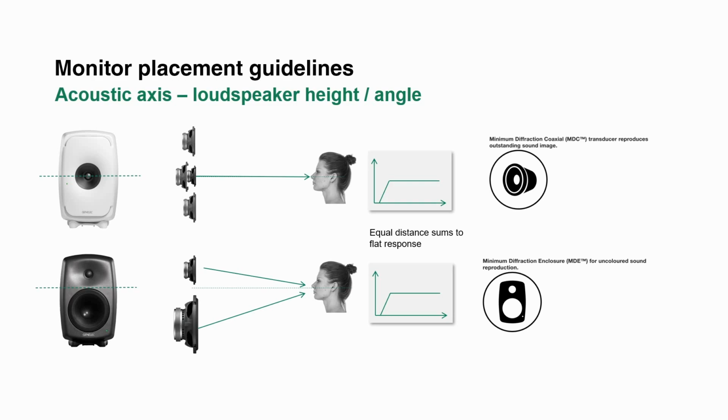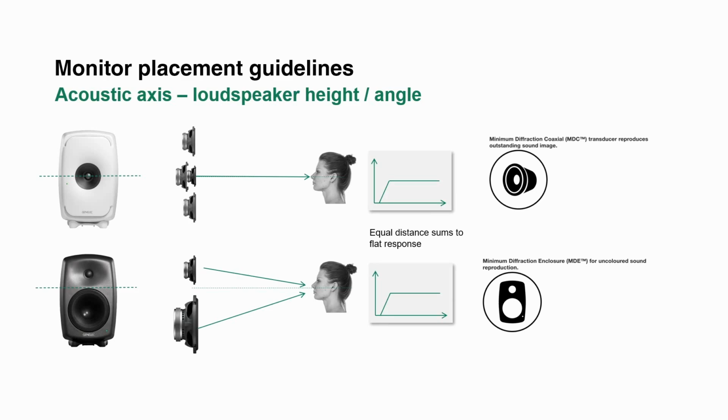Our ideal positioning will be to get the tweeter in line with our ear. Because the tweeter and the mid-range coaxial driver work together, we're experiencing a point source system, so the audio is able to be delivered direct to the ear if the monitor is placed at ear height.